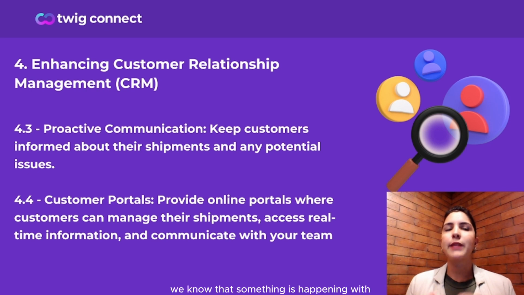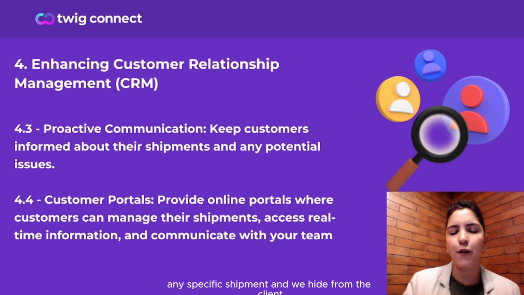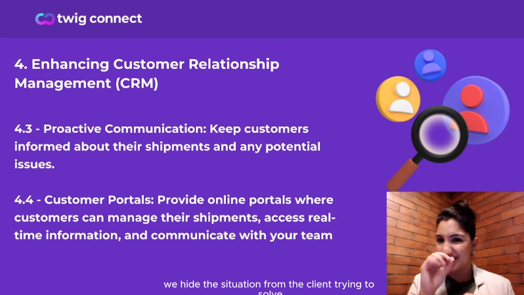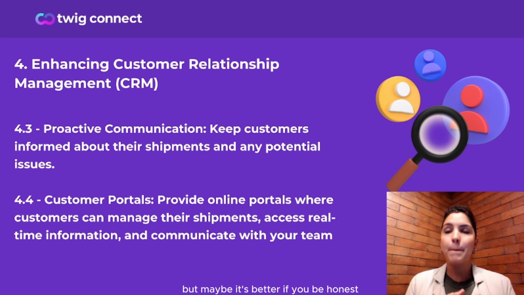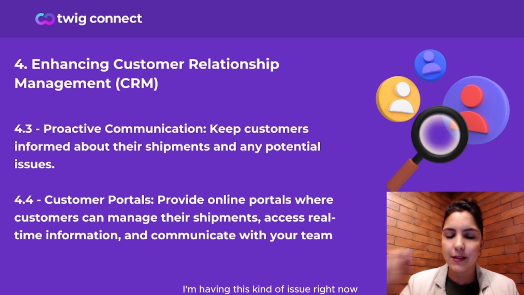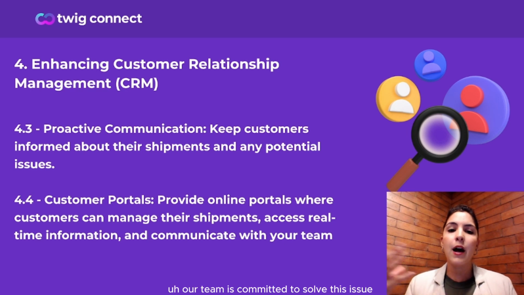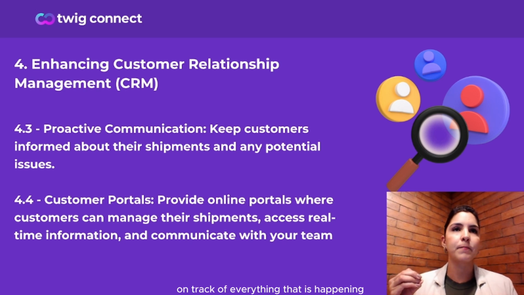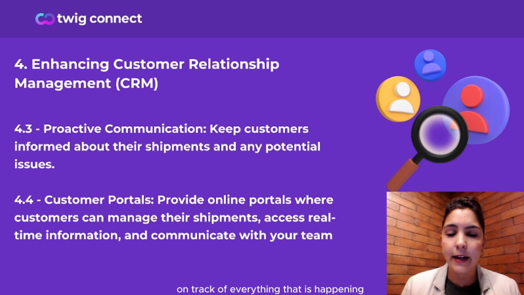Sometimes we know that something is happening with a specific shipment and we hide the situation from the client, trying to solve it, but maybe it's better if you be honest, if you talk to the client and say, okay, this is happening, I'm having this kind of issue right now, our team is committed to solve this issue, so don't worry, we are going to keep you on track of everything that is happening.